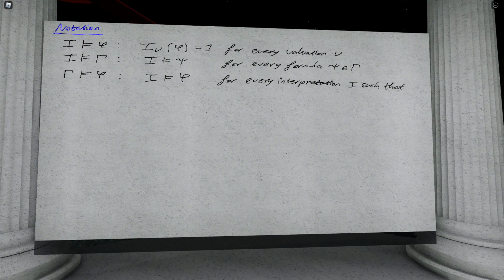If you have the document in front of you that was shared in the Discord, the final definition defines what it means for a formula to be true in some interpretation. And we just use the symbols 0 and 1 as labels for true or false. You could use true or false there instead of 0 and 1, but we're just using 0 and 1 as the Boolean values, I guess.